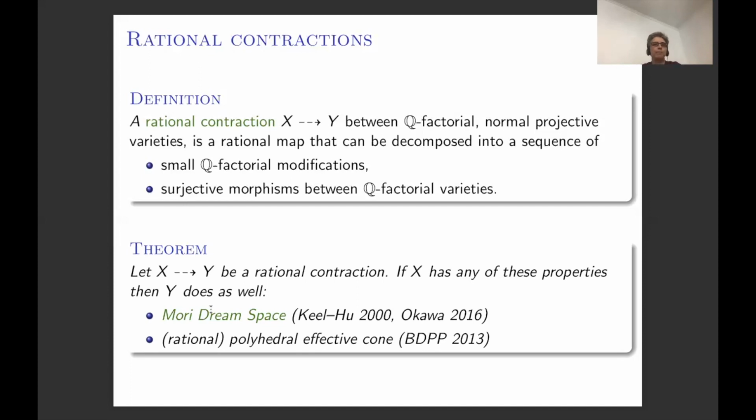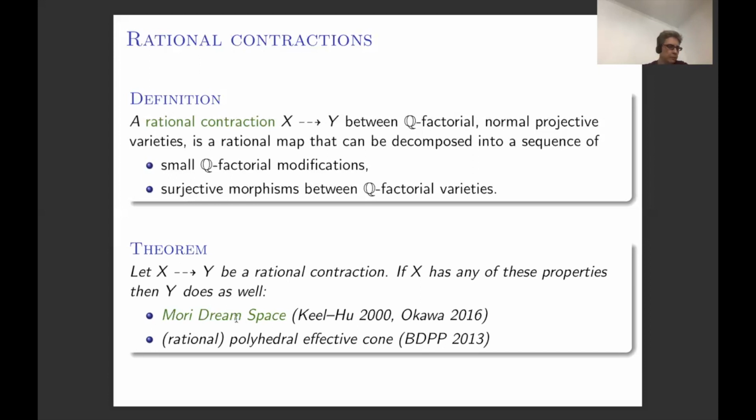And another property is that the effective cone has to be polyhedral. So this notion was introduced by Hu and Keel. And so it's essentially by definition that a small modification will preserve the property of being a Mori dream space. And then for surjective morphisms, it is a theorem of Okawa that the property is preserved.